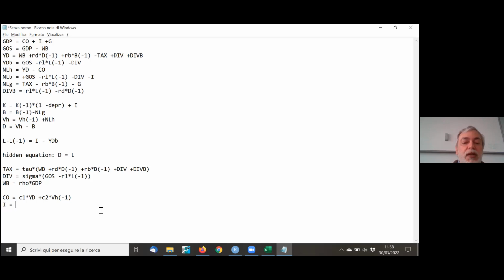So this could be an I0, or we could actually use the concept of the utilization rate. So I have a utilization rate given by a function of GDP over the opening stock of capital.